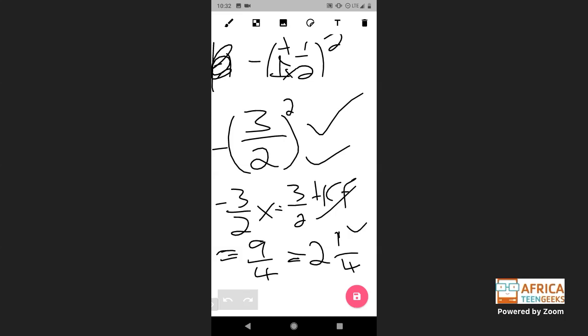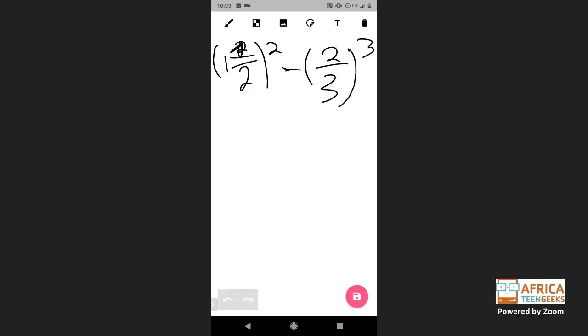All right, so let's move on to the next question. The next question we have is open brackets 1 and a half, to subtract open brackets 2 over 3, close brackets to the power of 3.